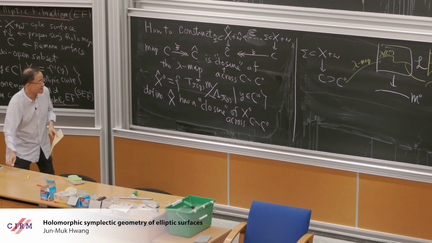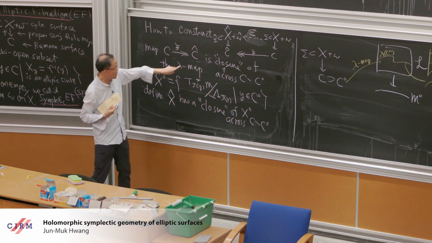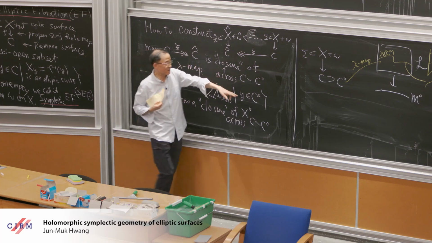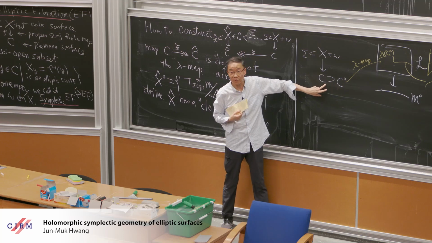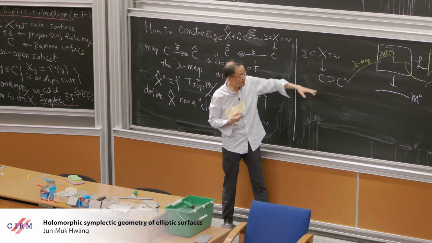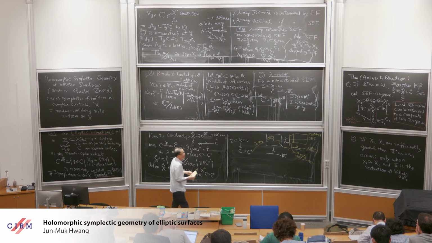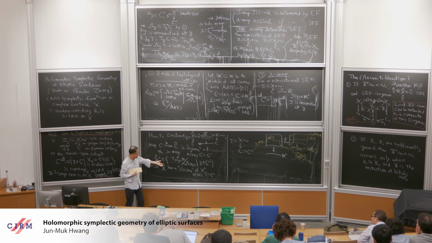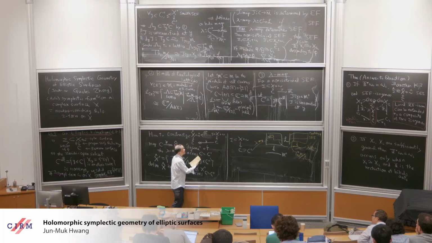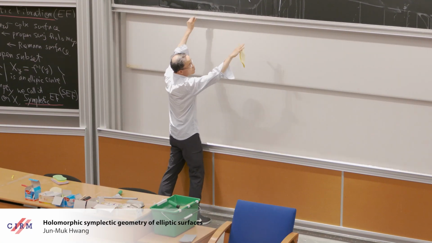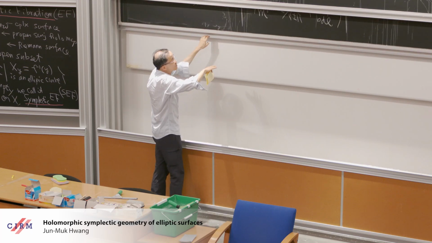The main technical problem arises in the neighborhood of the exceptional point, outside this open set, where this fibration is not well defined and there can possibly be a singular fiber. But there's a way to make a completion at such a point using some symplectic group action. That part I will not go into today. So this is how you produce the symplectic reduction.